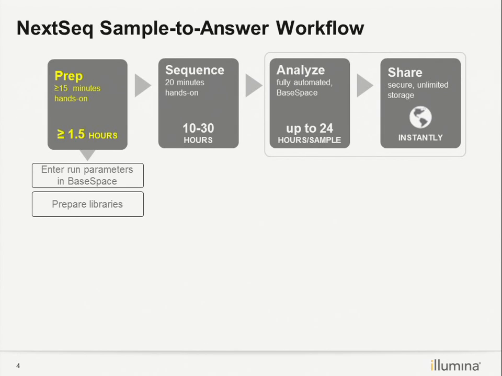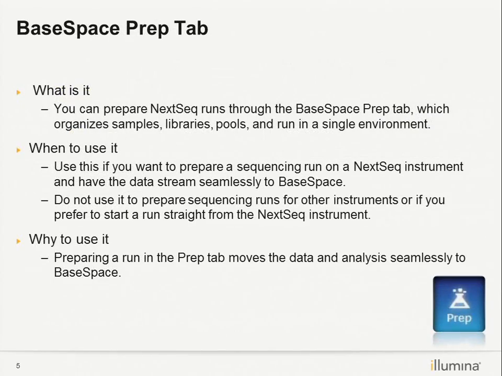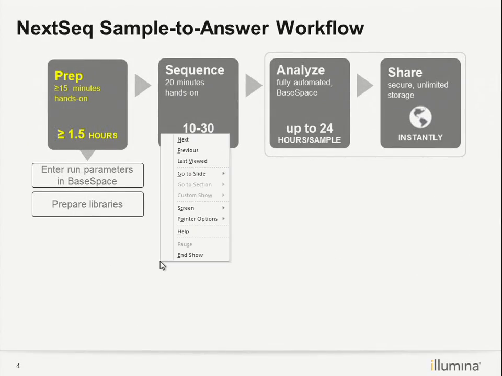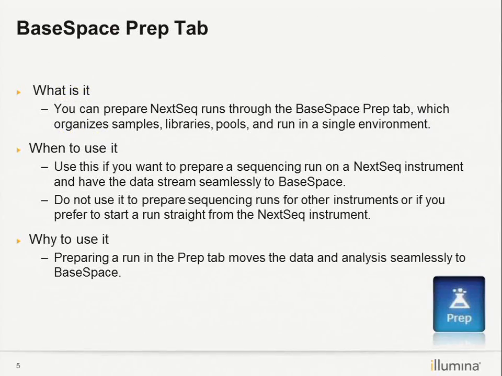And after preparing libraries, we'll prepare all the sample information in the Prep Tab. Prep Tab is one of the functions in BaseSpace, specifically designed for the NextSeq system, where you can enter all your sample information, including the index.